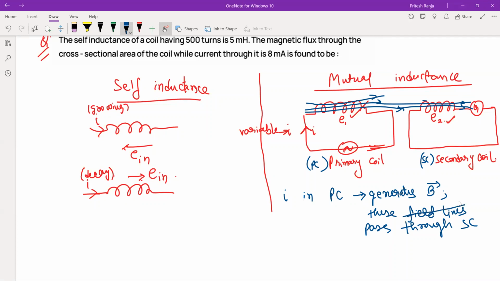So there is flux passing through the secondary coil, and this flux will also be changing. There will be a change in flux. This change in flux is because of the variable current. That's what we required. Once we obtain that there is a change in flux, then definitely there will be an induced EMF, because the induced EMF is directly related to the change in flux. That means there will be a deflection in the galvanometer needle, which will confirm the generation of the EMF.